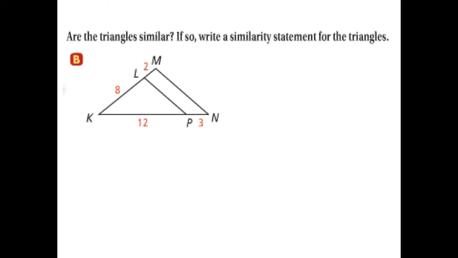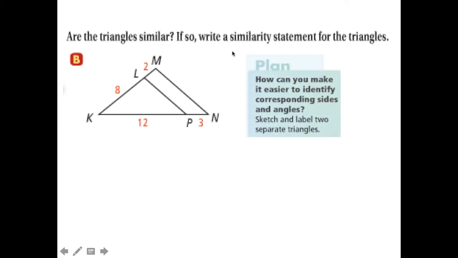Are the triangles similar? If so, write a similarity statement for the triangles. Here we have two triangles that are overlapping each other. This is really hard to see, so it is highly suggested that you separate them into two separate triangles. It says, how can you make it easier to identify corresponding sides and angles?